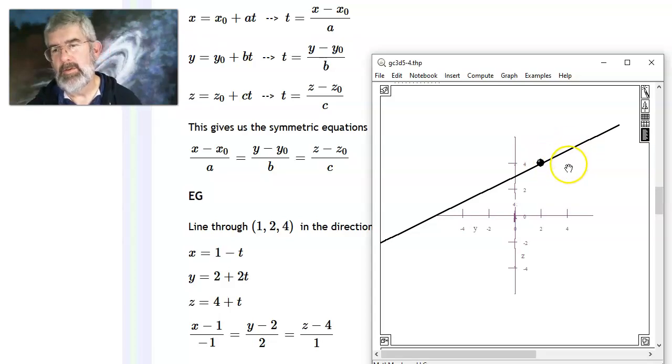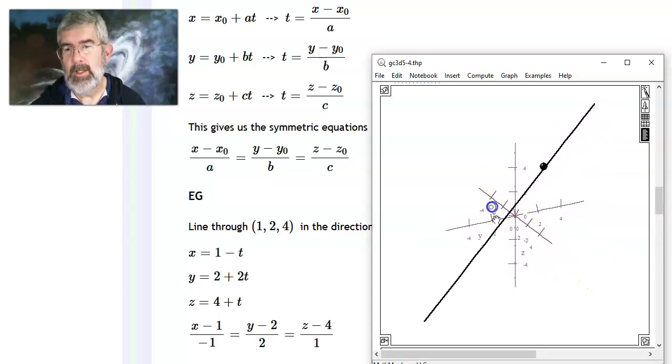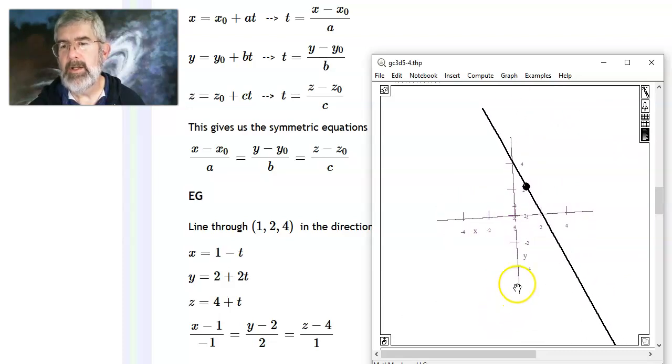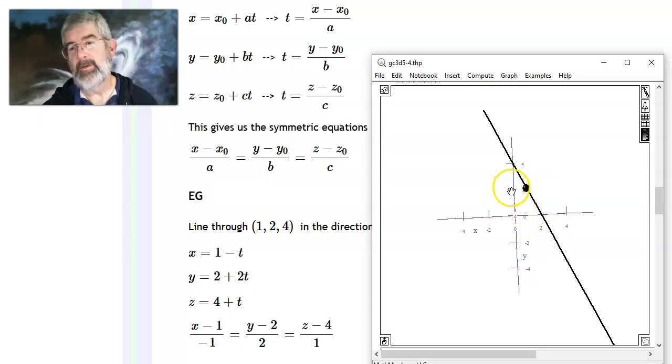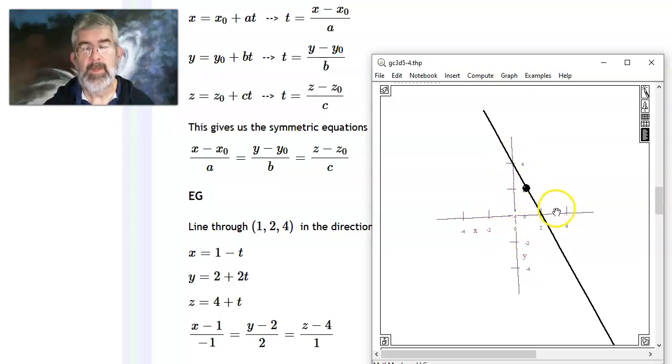So that's the 2 of the direction vector and the 1 in the Z direction: 2 in the Y, 1 in the Z. Likewise, if I look straight down the Z axis, I can see the relationship between X and Y. I have the X axis running that way and the Y axis going up like that. From this point, if I go backwards 1 in the x direction and up 2 in the y direction, that's the (-1, 2) for the vector parallel in that direction. So this is the line that I want.